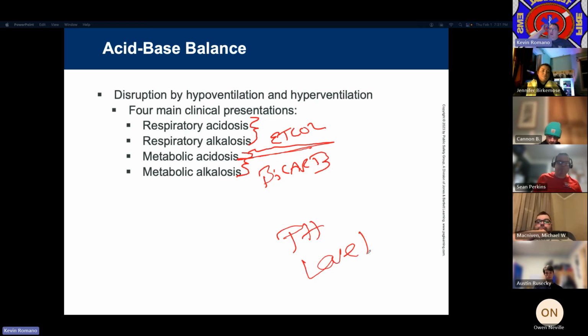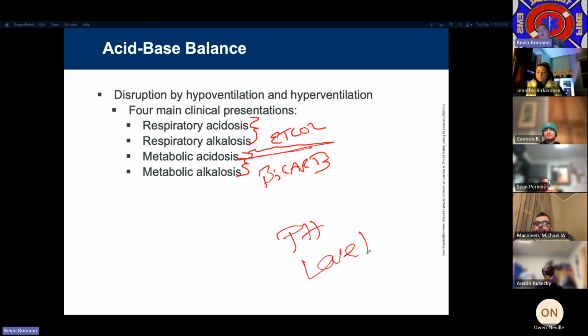You could have a patient with an end tidal of, let's say, 18 and a pH of, let's say, 7.56. What's wrong with it? What's the patient in?